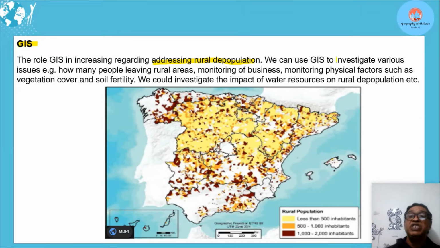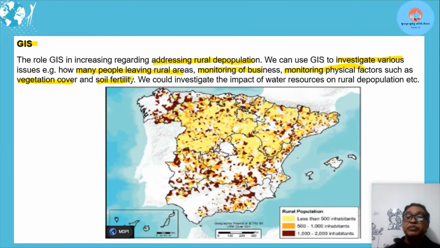We can use GIS to investigate various issues. That means how many people are leaving rural areas, monitoring business, monitoring physical factors such as vegetation cover and soil fertility, because sometimes people are leaving because the soil is becoming infertile and farming is not working anymore.